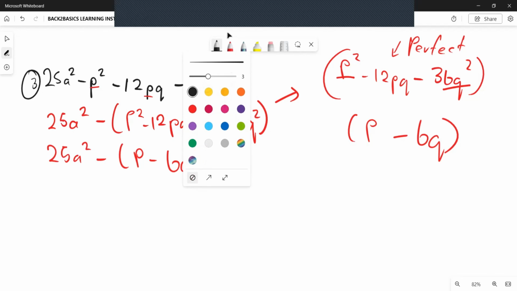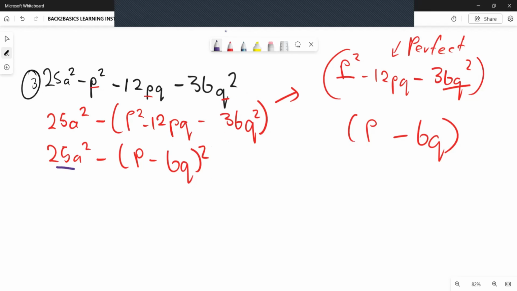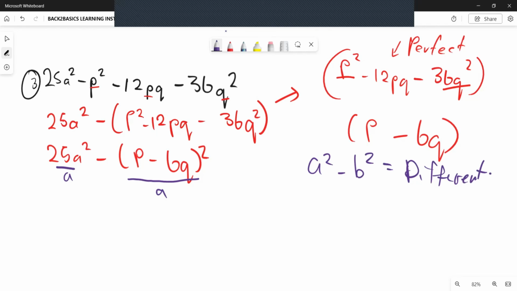Let's say I represent this one here as A, and I represent this entire bracket as B. Can you see that this is going to be A squared subtract B squared altogether, which means this is a difference of two squares, right? So these two terms give us a difference of two squares altogether.